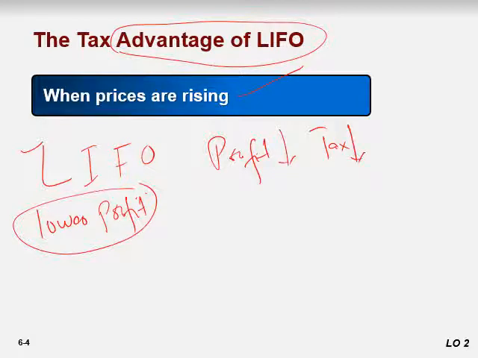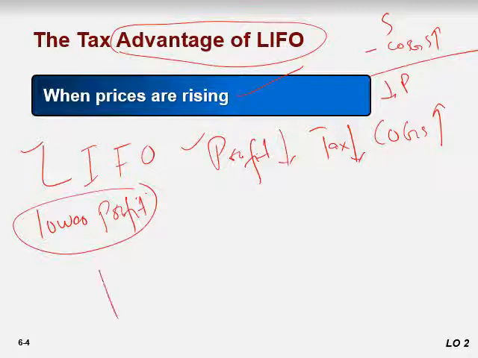If profit is lower, it means sales minus cost of goods sold, which one is higher? Our profit is lower, cost is higher, so we can say that cost of goods sold is highest. That's why our profit is lower and our tax is lower, right?